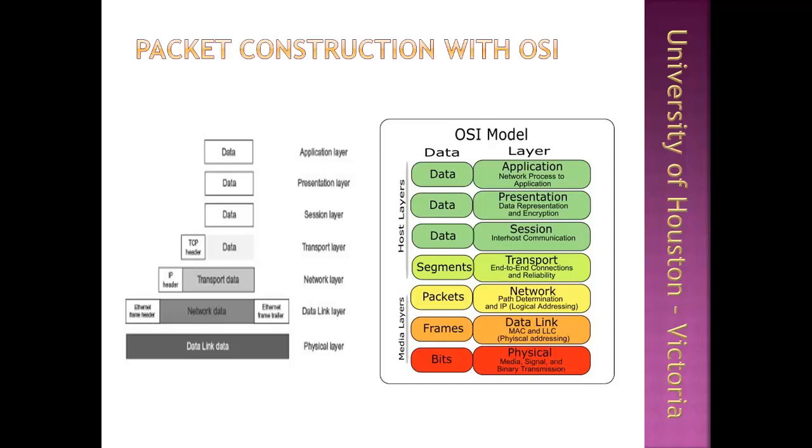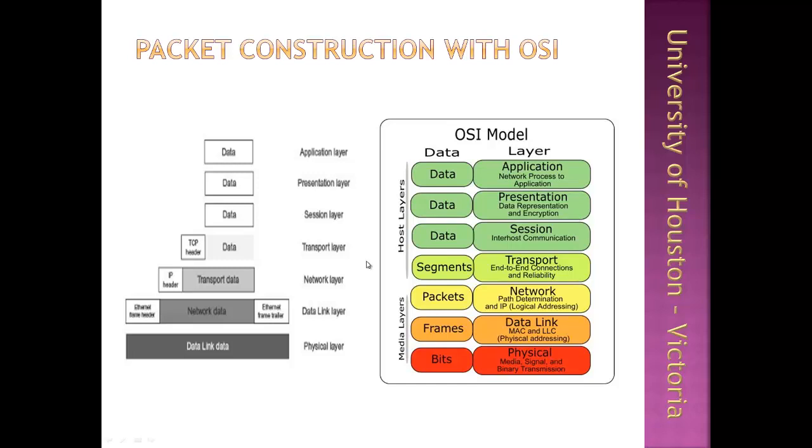It passes that data to the session layer, and the session layer basically maintains and provides a means for establishing connections and managing that. When it's passed down to the transport layer, it attaches to your data a TCP header, or a transfer control protocol header, which maintains the information that the transport layer requires at the other end to be able to resolve any issues or any specific needs that are required.